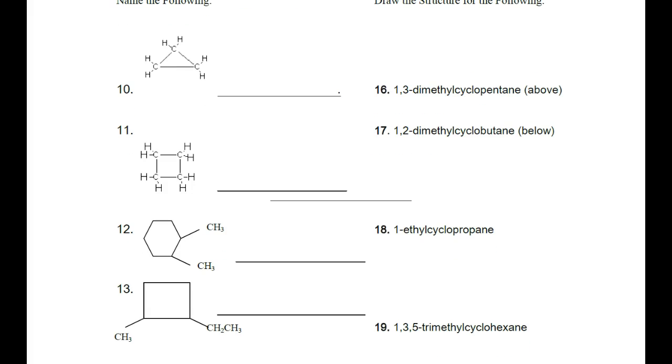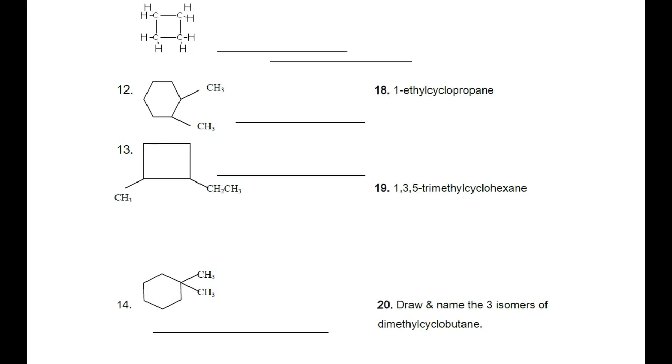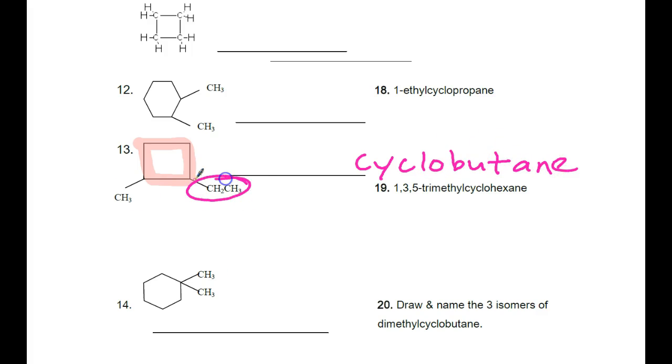Let's look at this next one. This next one has 1, 2, 3, 4. So I know the base name is going to be cyclobutane. Now I have 2 branches, and you have a chance to number correctly and alphabetize correctly.